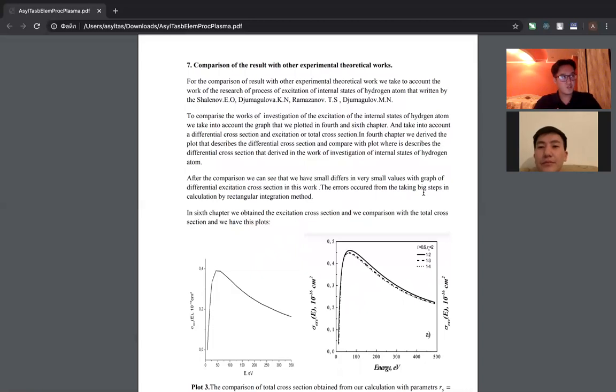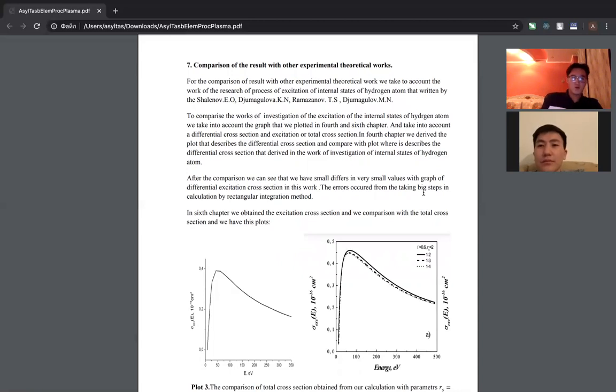The errors occurred from taking big steps in our calculation, but in that work they use small steps, and for the integration method we use the rectangular integration method.